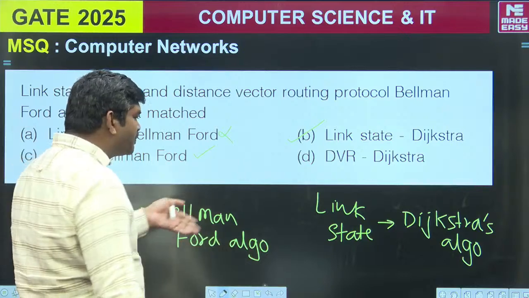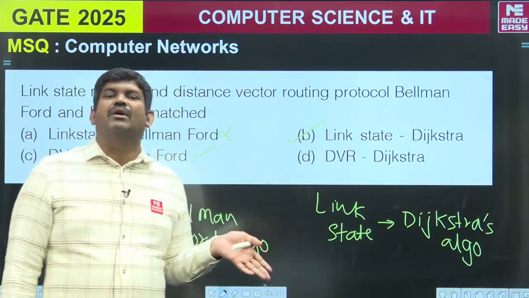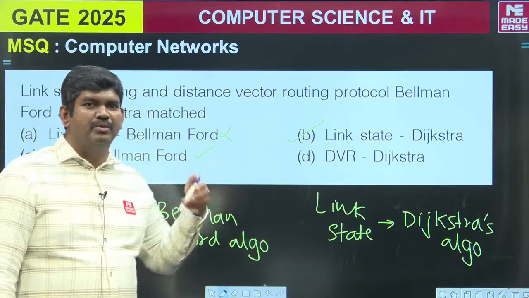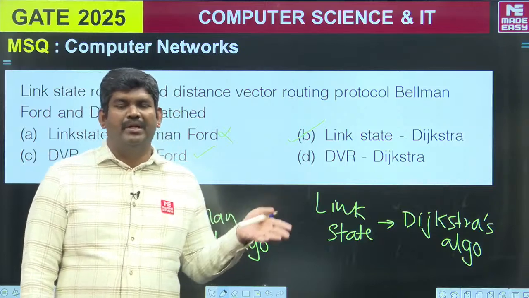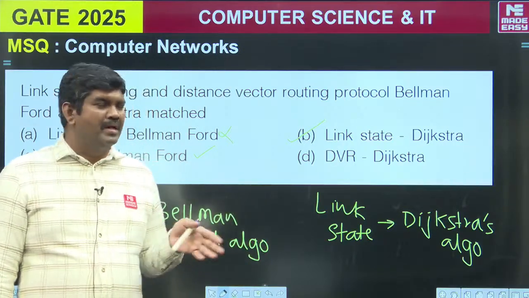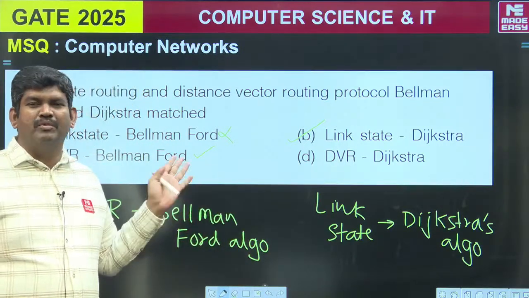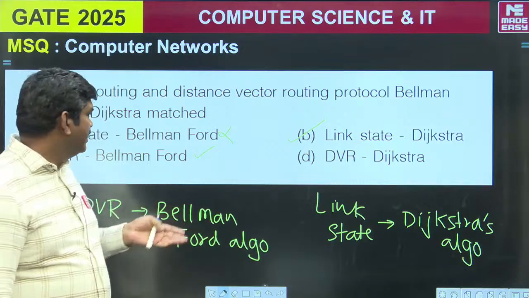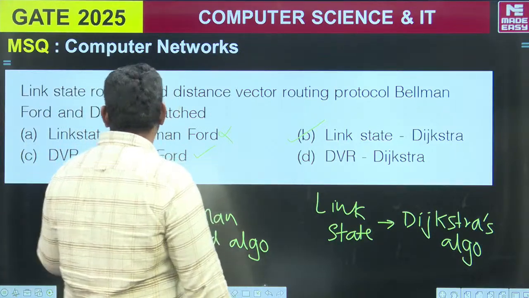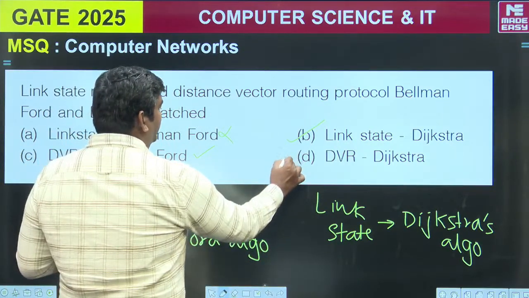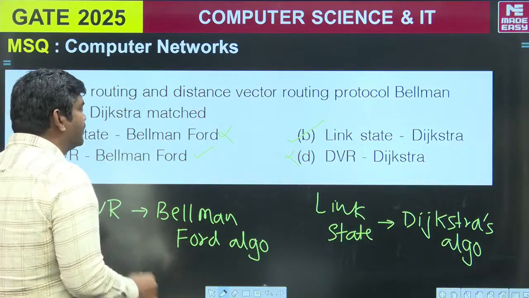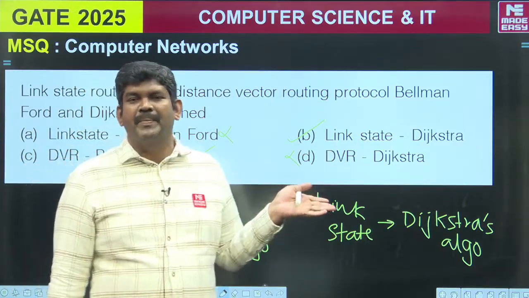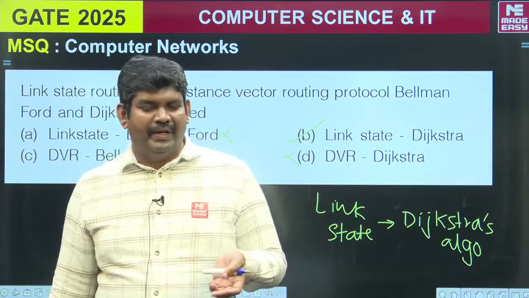So at that time, sir, anyway both are finding the shortest path, can we reverse? They used to ask that question in the classroom, but I told you why it is no. So here one more time the same question is repeated. Okay, so both B and C are correct and A and D are wrong. Okay, so this question they have taken from the network layer.